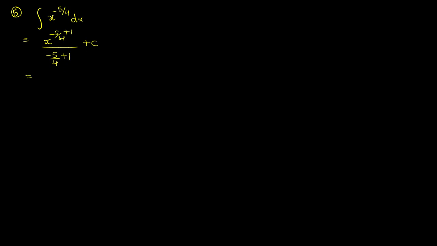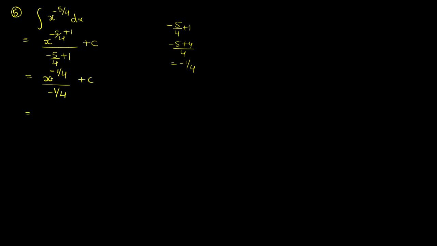Now try to simplify this. We need to take out the LCM, minus 5 over 4 plus 1. 4 goes here, gets multiplied. So we get minus 5 over 4 plus 1. This gets simplified as minus 5 plus 4 by 4. So the answer will be minus 1 over 4. We get the answer as x power minus 1 over 4 divided by minus 1 over 4.